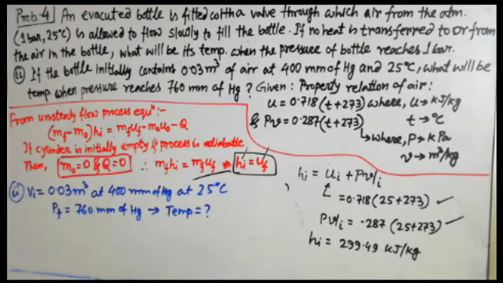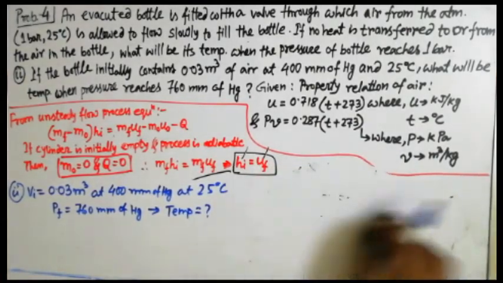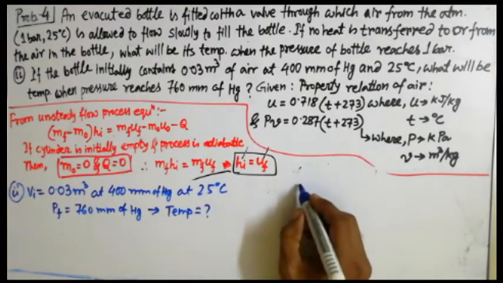Okay, obviously that 400 mm of Hg and 760 mm of Hg should be converted into kilopascal, and that is a very childhood process. I think you are very capable of converting mm of Hg to kilopascal. I can still show you.